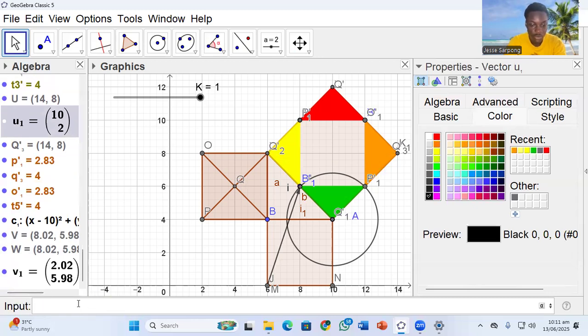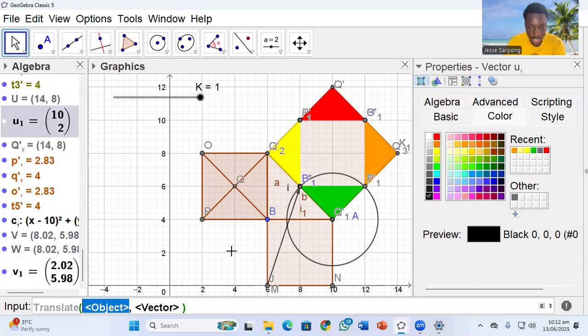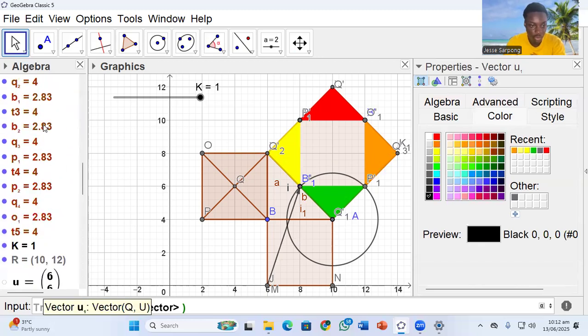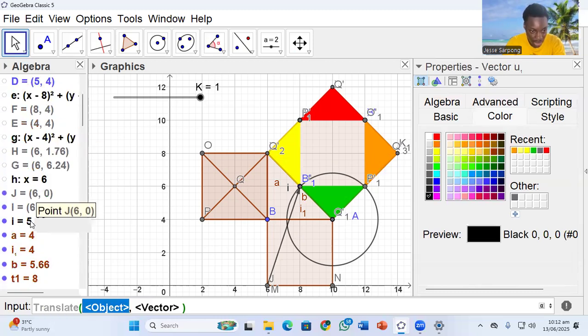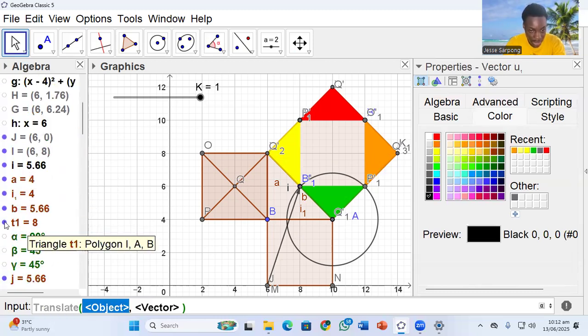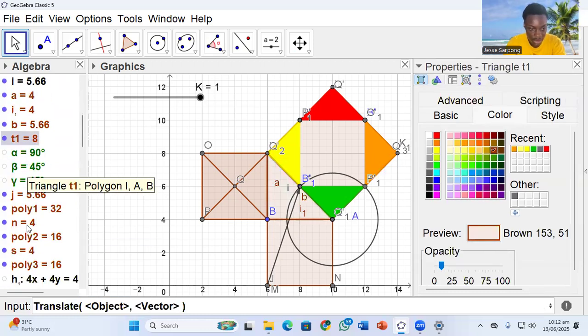So what we now do is translate the square over here. So now we go to our algebra sheet to see which square it is. So we start deactivating and activating. You see, it is not the T1.